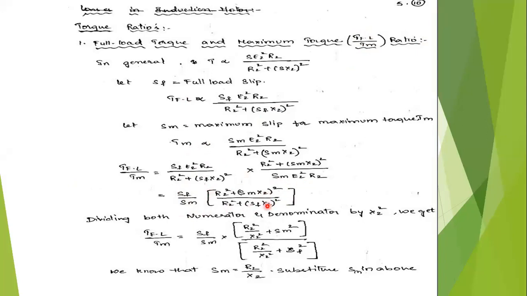So dividing both numerator and denominator by X2 square. In both ratios, the dividing parameter is the same. Divide numerator and denominator with X2 square. So then what we get: SF by SM divided by SM square into R2 square by X2 square.